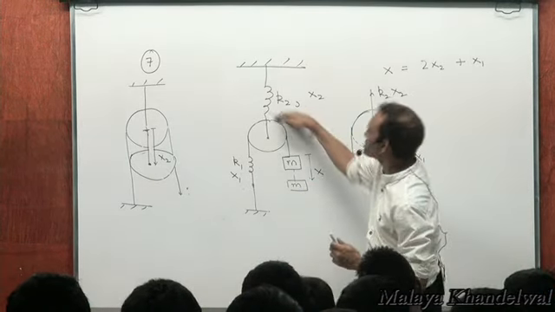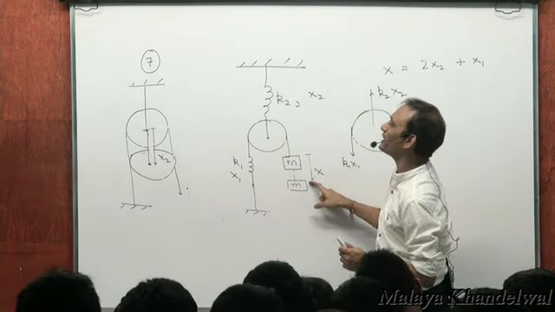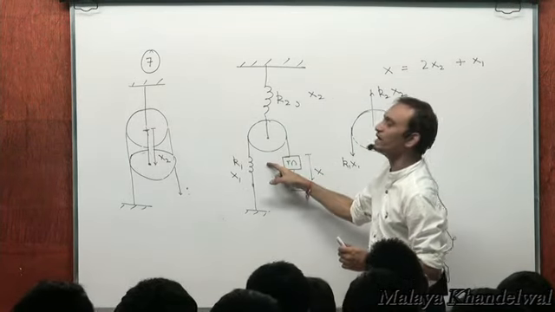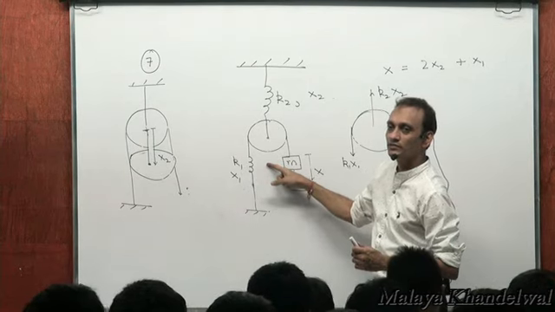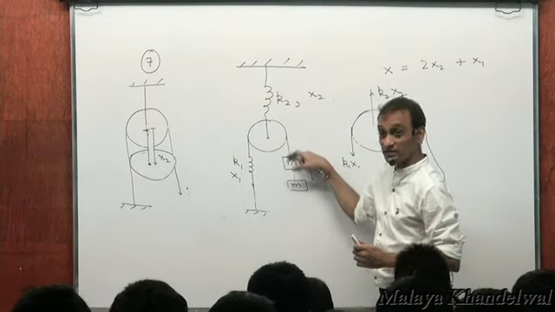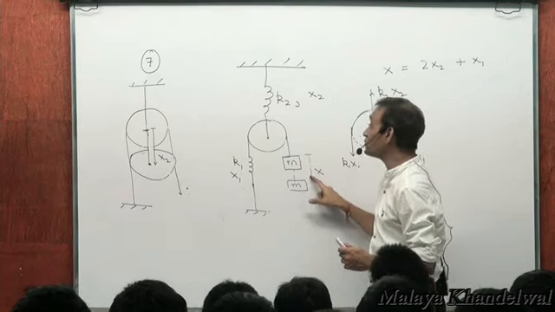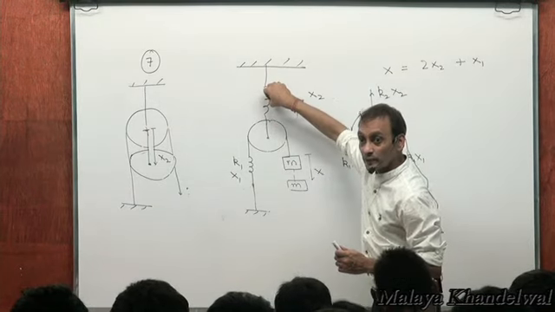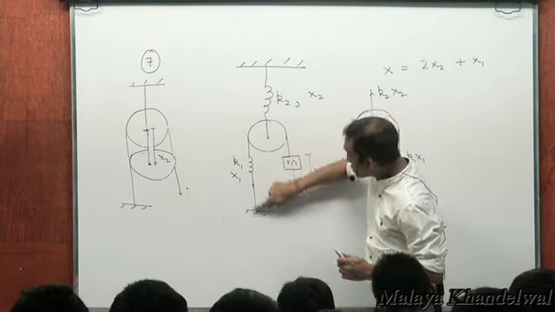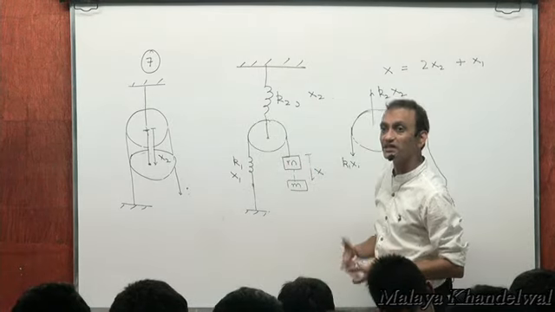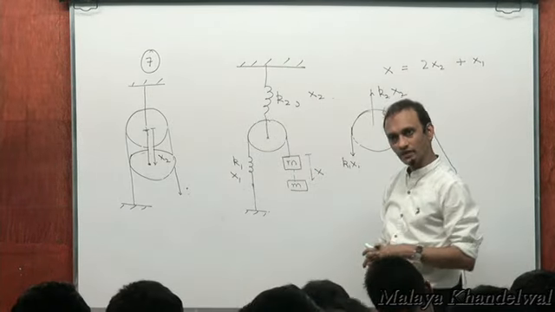If this did not change in length and it descended by an amount x, then this would descend by an amount x by 2. But this is changing in length. So the net descent of this is not just because of the change in length of the spring, but change in length of this spring as well. That's a combined effect, right?